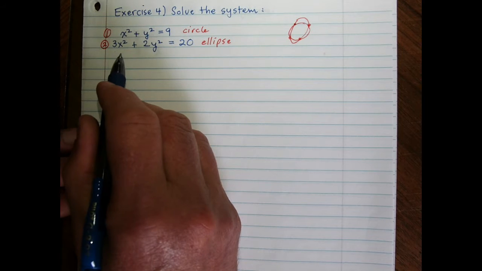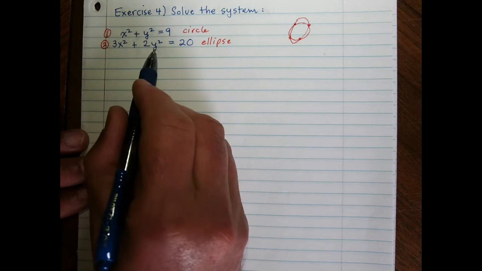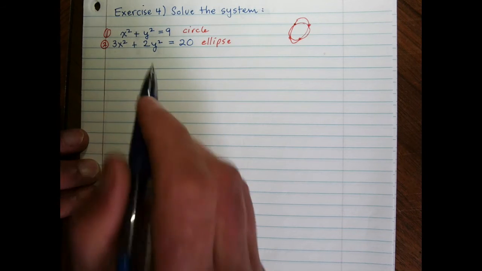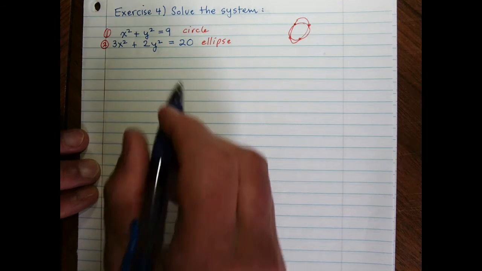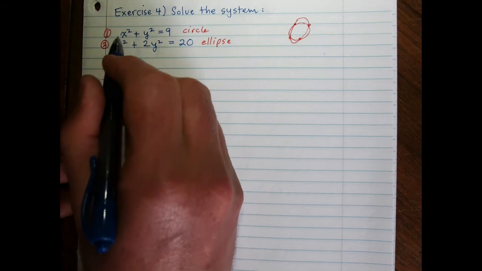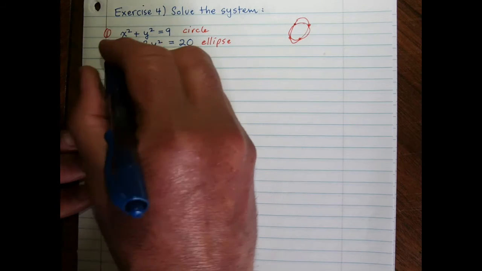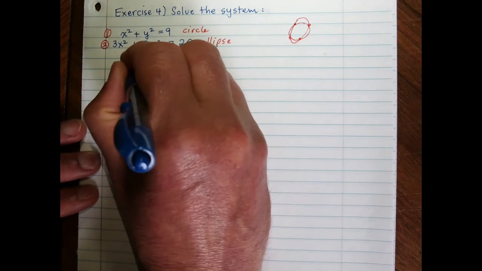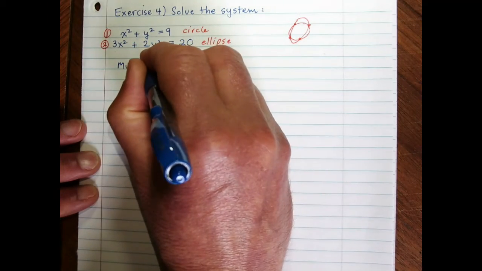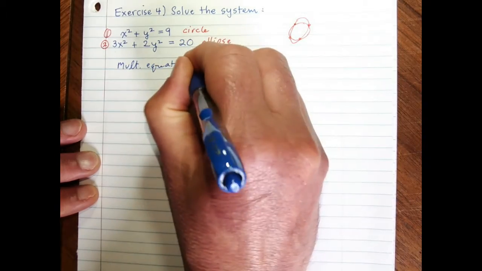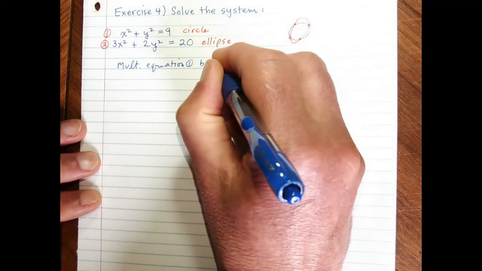So I can do this because of the way the terms line up and because I just have x squared and y squared terms on the left, constant terms on the right. So for instance, if I wanted the x squareds to drop out, I might multiply equation 1 by -3.